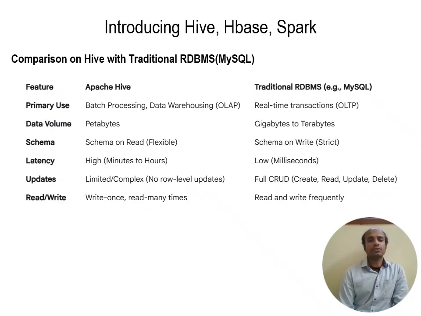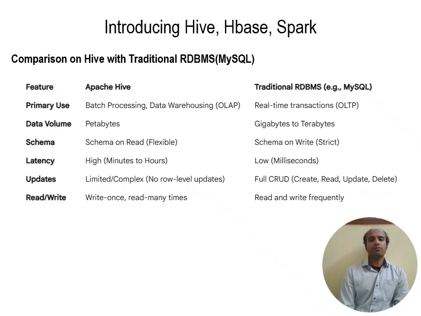The updates with respect to Apache Hive are limited or complex, no row level updates actually. The updates with respect to the traditional relational database management system MySQL are full CRUD. CRUD is create, read, update, delete.